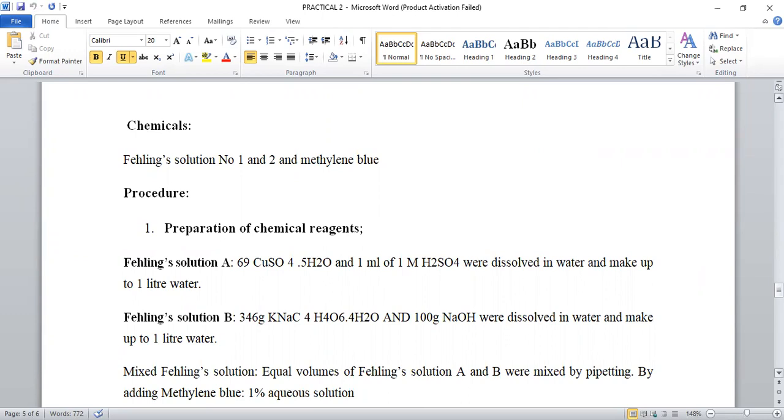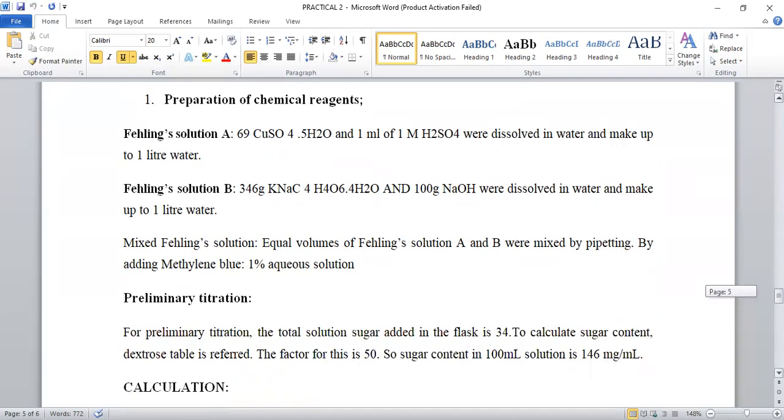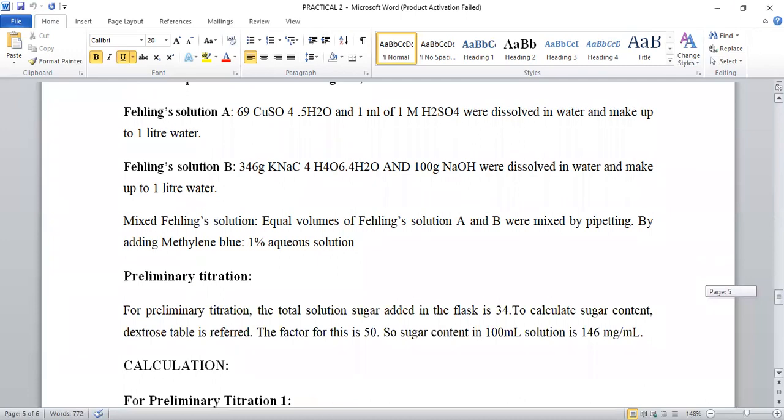For Fehling solution B, we will take 346 grams of KNaC4H4O6.4H2O and 100 grams of NaOH, which will be dissolved in water and made up to 1 liter. Then Fehling solution A and Fehling solution B will be combined, and by adding methylene blue, we will make a 1% aqueous solution.